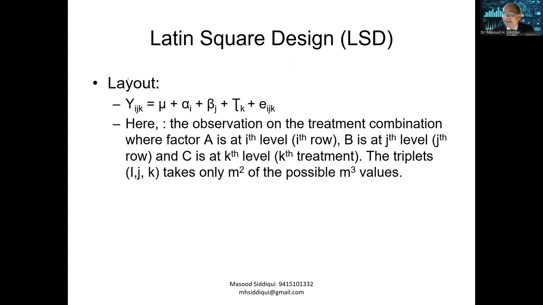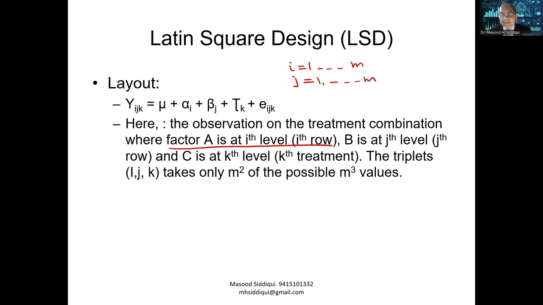Now here the layout that we use is Yijk, where i varies from 1 to m, that denotes factor A at the ith level, that is the ith row. The other one is j, which also takes m values.